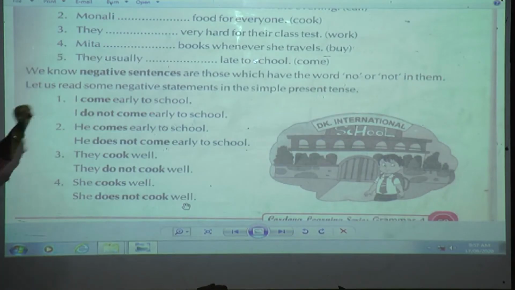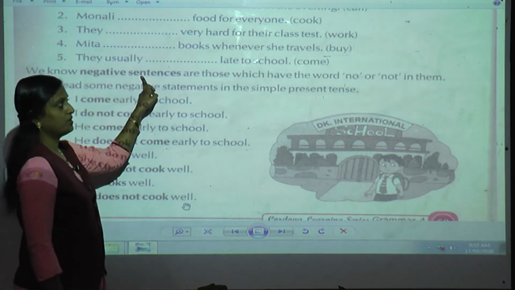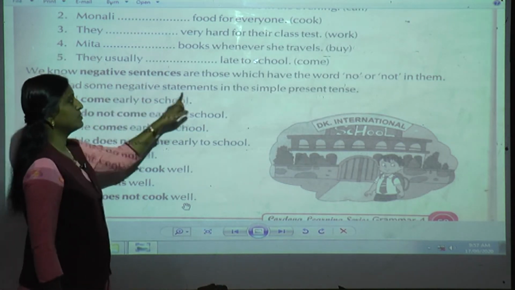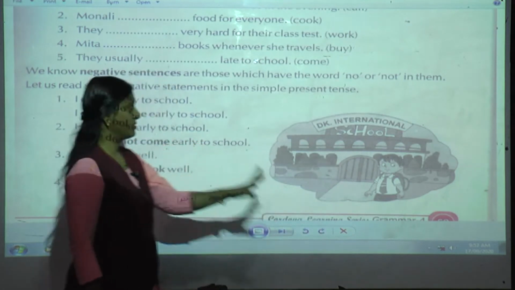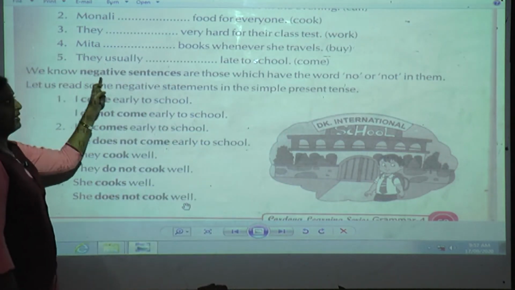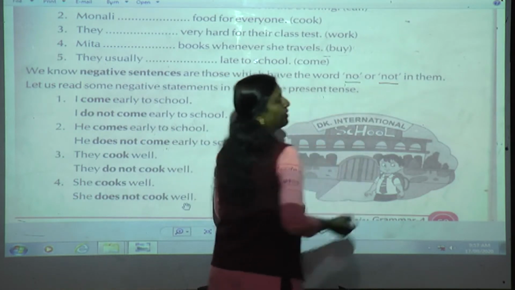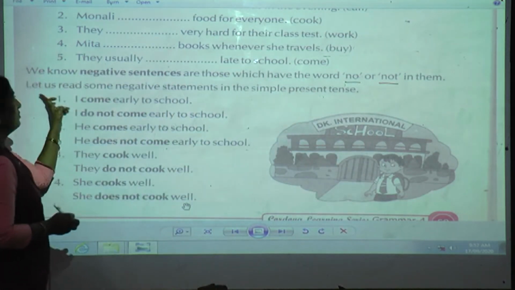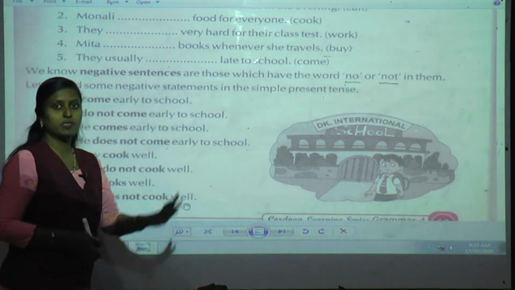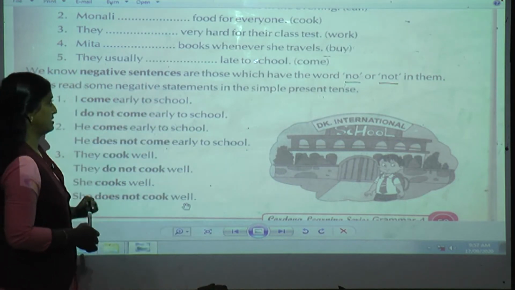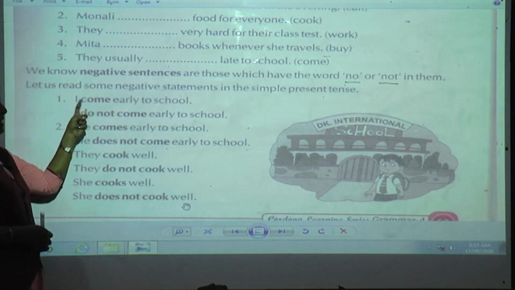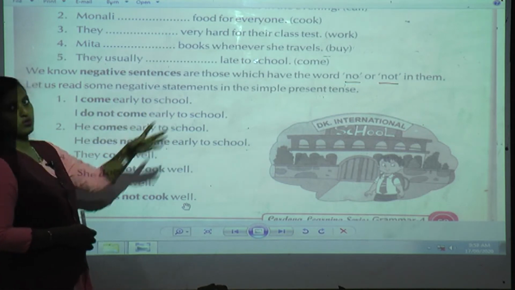So today we are going to see negative sentences. We are going to see negative statements in the simple present tense. We know that negative sentences are those which have the word no or not in them. So let us read some negative statements in simple present tense. First is: I come early to school.